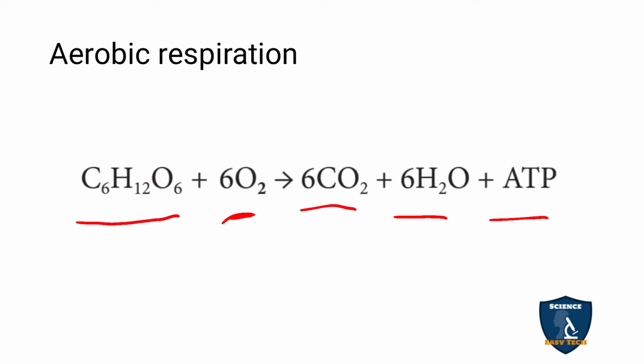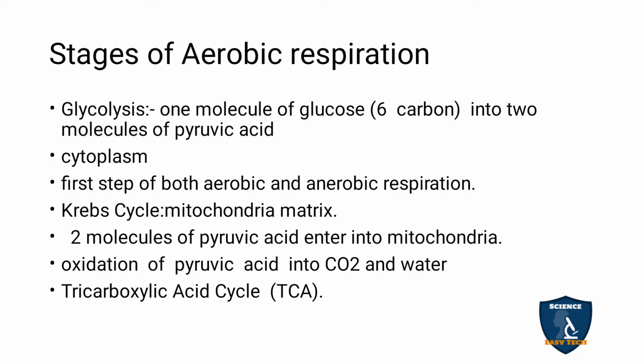So for this oxidation, the aerobic respiration process, you need 3 stages to complete and get ATP. The overall reaction is this, but to complete it you need three stages. The first stage is glycolysis, in which one molecule of glucose is converted to two molecules of pyruvic acid.